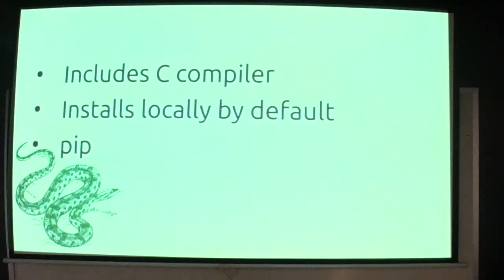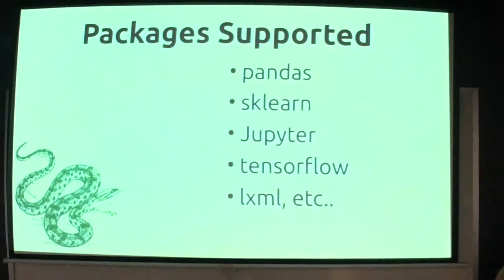I got yelled at for doing that. I wouldn't recommend it, but sometimes, depending on the system, you can get around restrictions. A lot of packages you can install are pandas, sklearn, TensorFlow, thousands of packages.